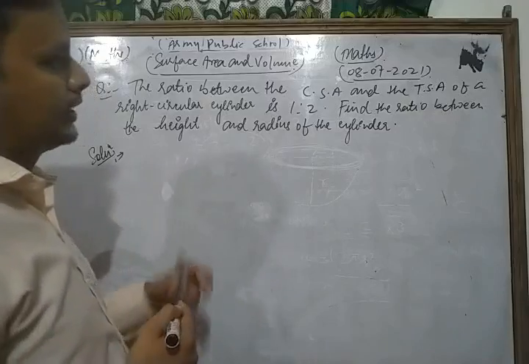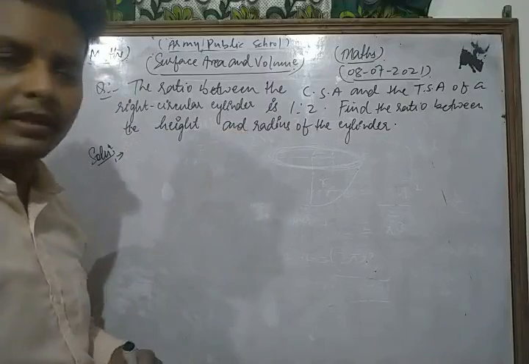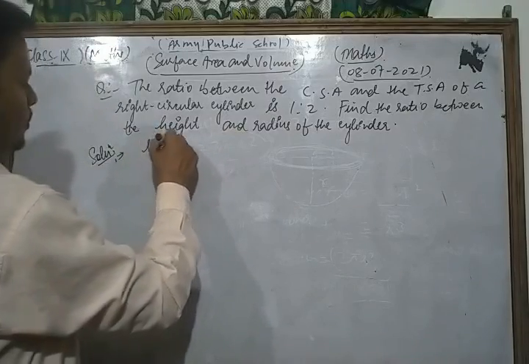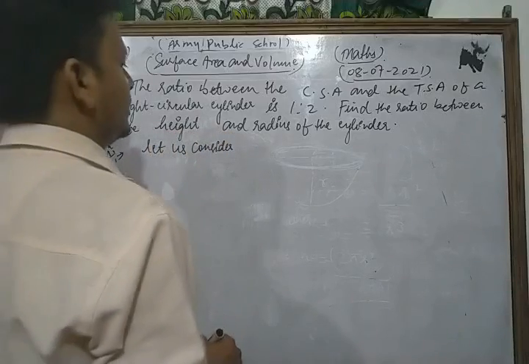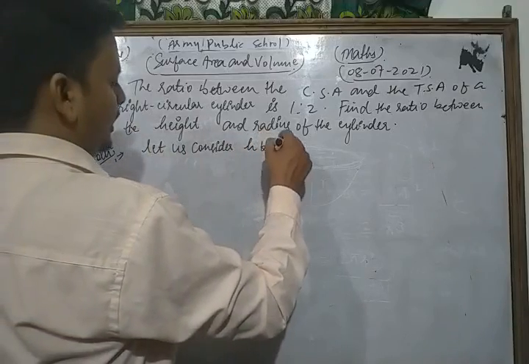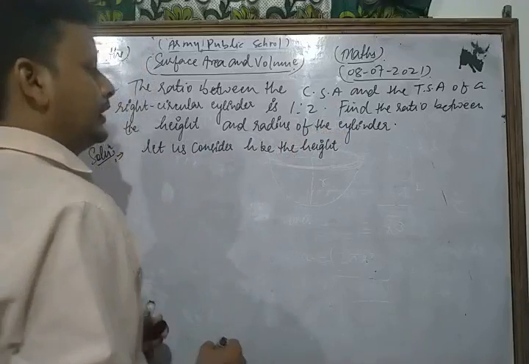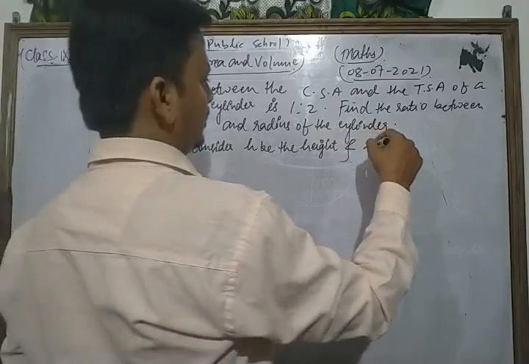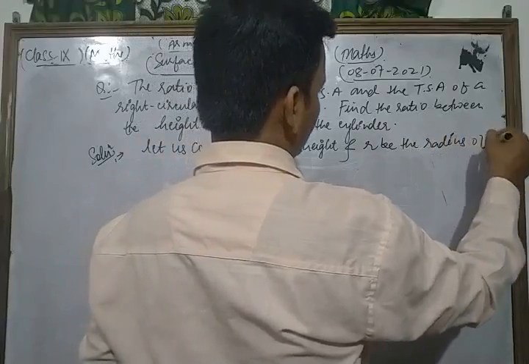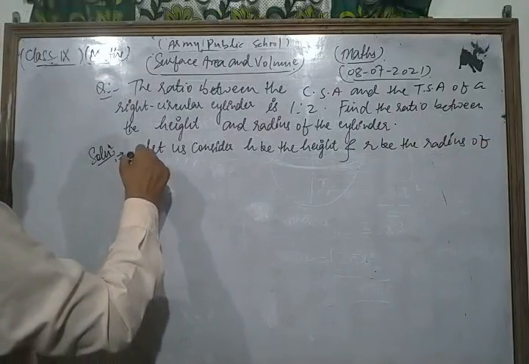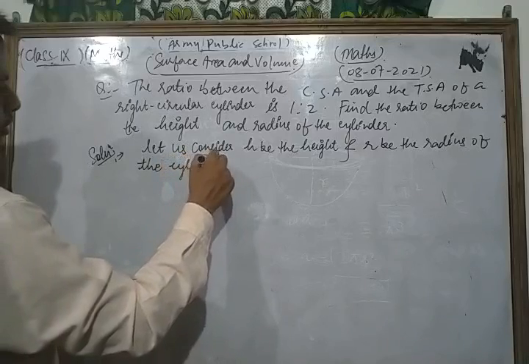Here, first of all, we find the ratio between the height and the radius of the cylinder. So let us consider h be the height and r be the radius of the cylinder.